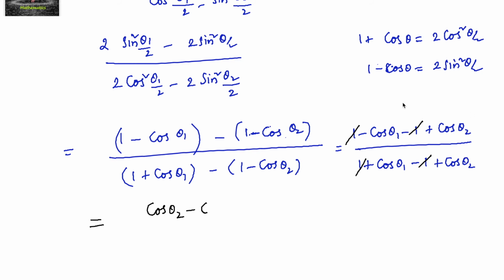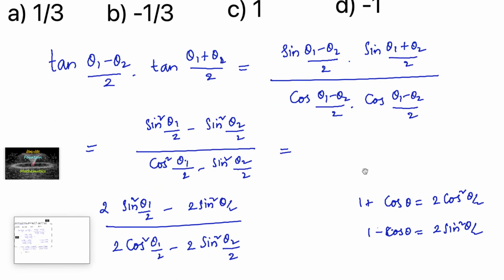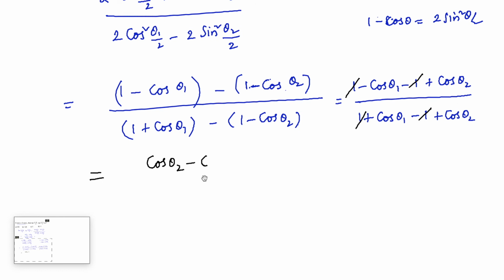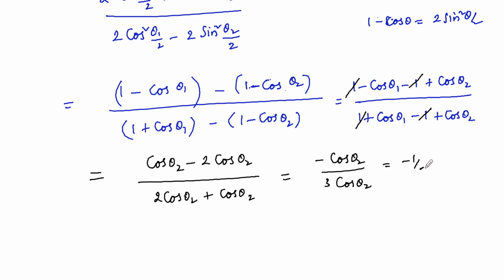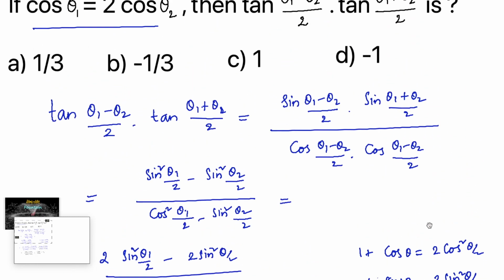Since it is given in the question, cos theta 1 is equal to 2 times cos theta 2, we can write cos theta 1 as 2 times cos theta 2, divided by 2 times cos theta 2 plus cos theta 2, which is equal to minus cos theta 2 upon 3 times cos theta 2, which is equal to minus 1 by 3. So the second option is the answer.